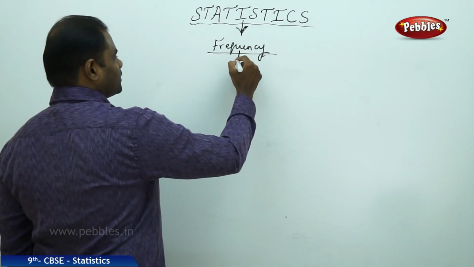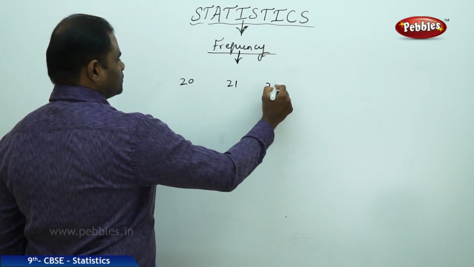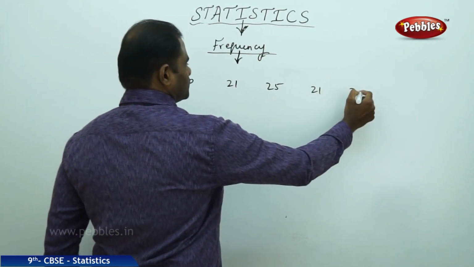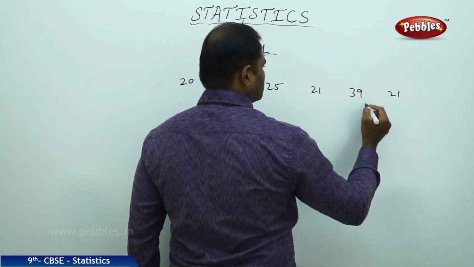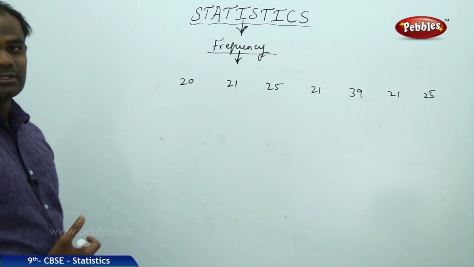For example, if I say the marks are 20, 21, 25, 21, 39, 21, and 25, then let's see what is the frequency of each of them.